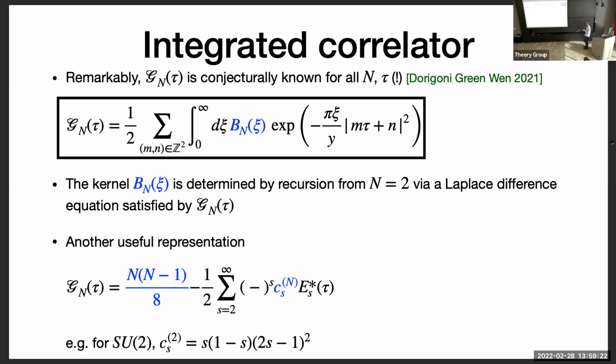There's some simple dependence on tau here, this exponential, and there's a kernel, which is some rational function of this variable c. What is the physical interpretation of this formula? Very good question. It is completely obscured in this representation, and we'll see in a few minutes what the physical interpretation is, or at least we'll ascribe physical meanings to this kernel.